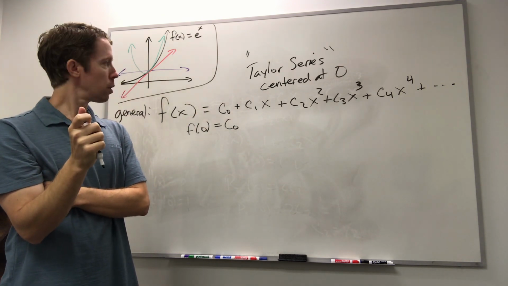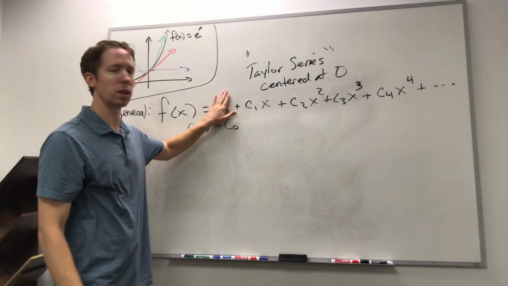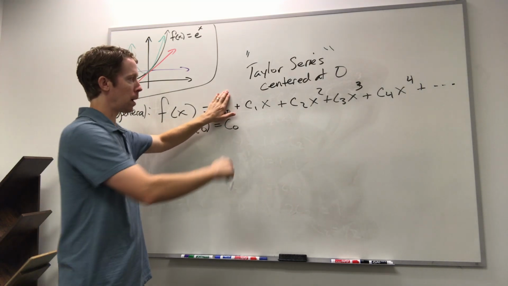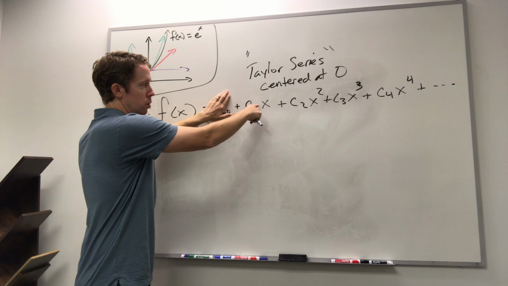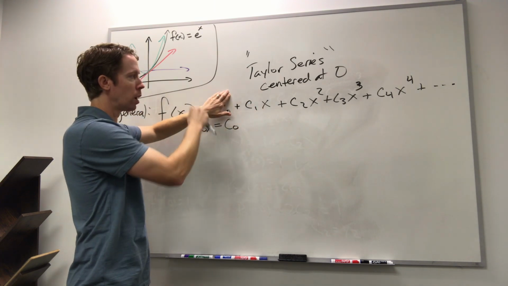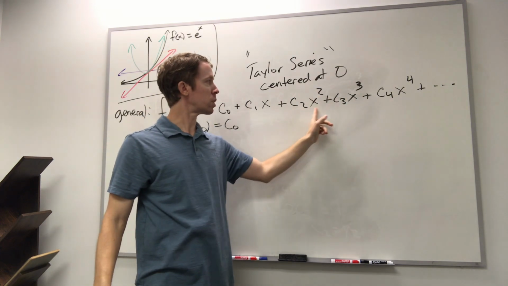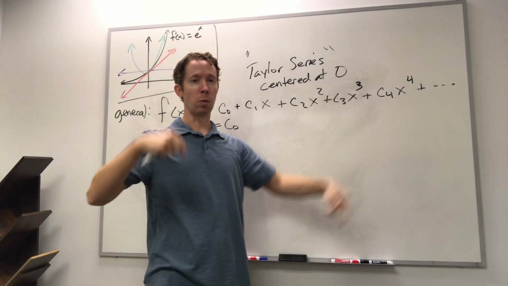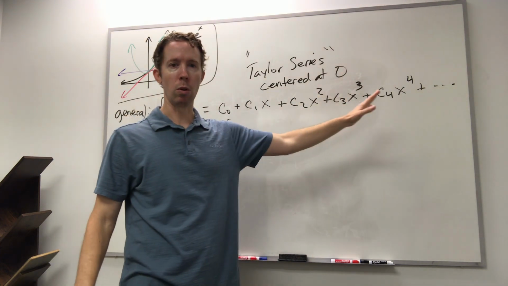The reason that's helpful is that the first constant term goes away. The c1x term turns into just c1, which is what we want to solve for. And then all the other terms will still have an x in them. So when we plug in x equals 0, they will all go away.